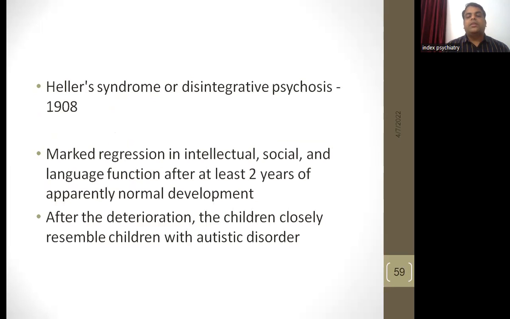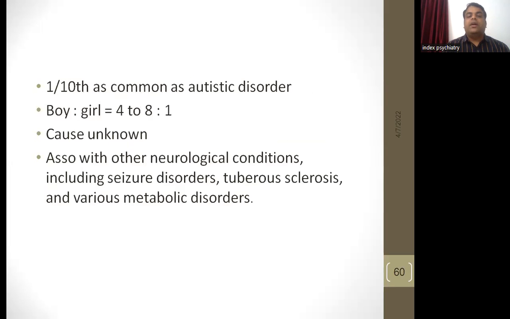After the deterioration, the children closely resemble children with autistic disorder. It is 1/10 as common as autistic disorder, with a boy to girl ratio of 4 to 8:1. Cause is unknown, associated with other neurological conditions, including seizure disorder, tuberous sclerosis, or various metabolic disorders.